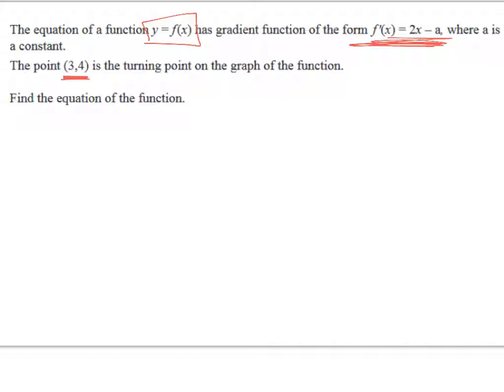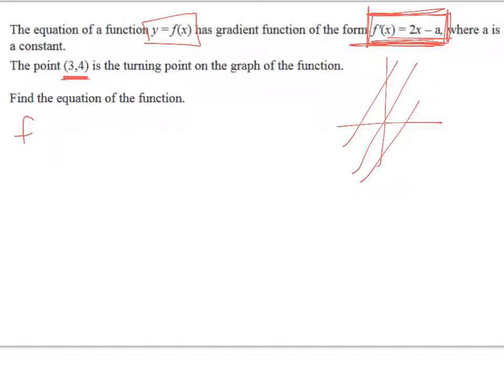We can get into it algebraically, but just take a step back and have a look at what we've got. This gradient function is a straight line because the equation is 2x minus a, and so we know that it's going to look something like this. That means my function will be a parabola. It's always good to know where you're heading in a problem like this.